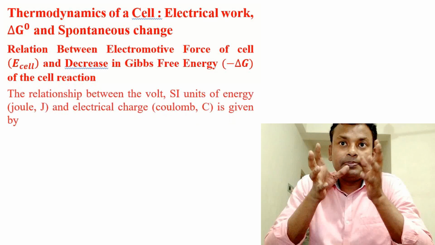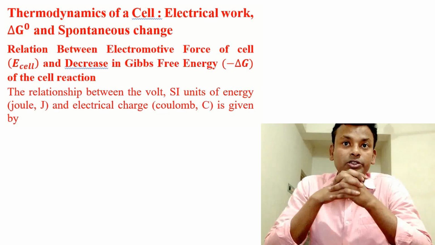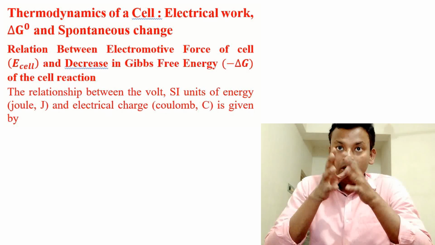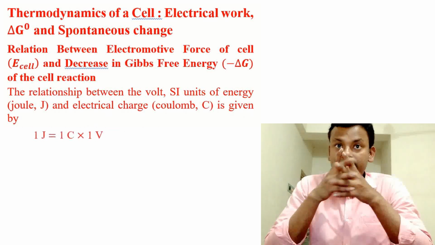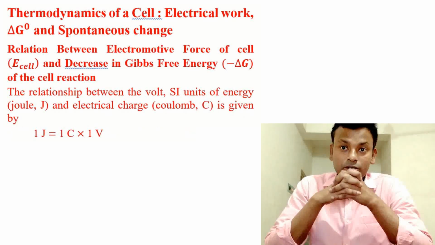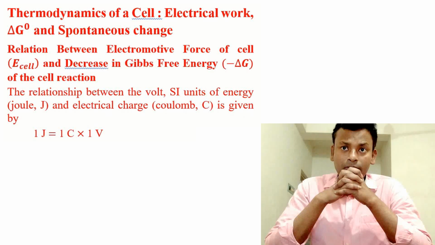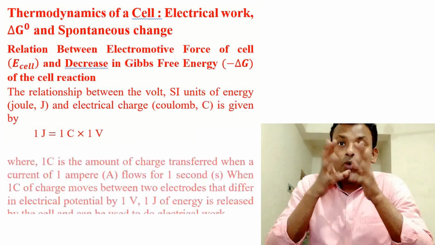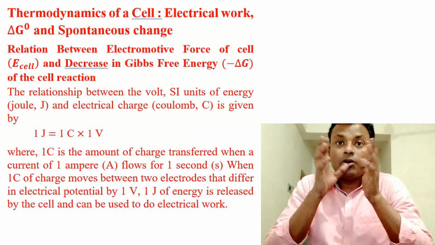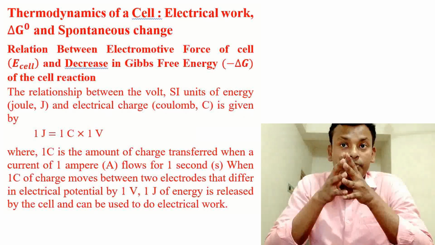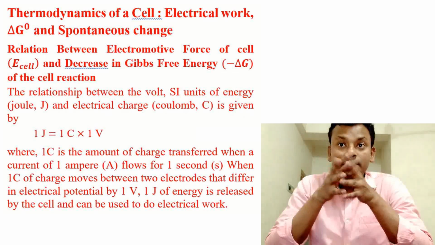The relationship between the volt, the SI unit of energy being joule, and electrical charge, that is coulomb C, is given as 1 joule equals 1 coulomb into 1 volt, where 1 coulomb is the amount of charge transferred when current of 1 ampere flows for 1 second.